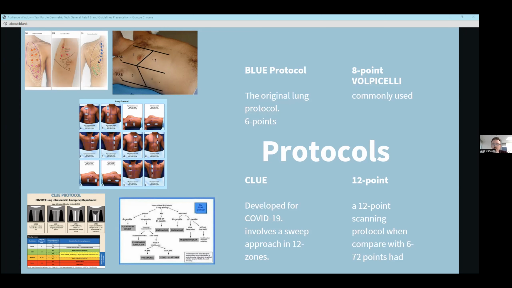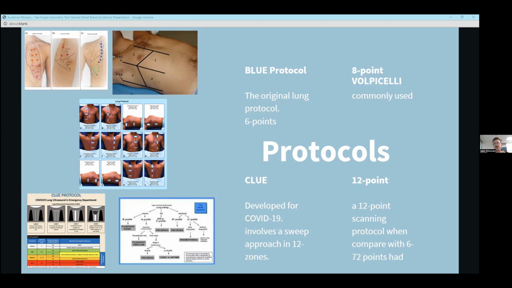The CLUE protocol sweeps. Instead of scanning an individual point, it involves a sweep through the entire thorax, basically, where you start at, let's say, the first intercostal space, you sweep across the chest, and you go down, then you sweep across the other way, down. And so essentially you're assessing every intercostal space on the lung, but you're not taking static clips.